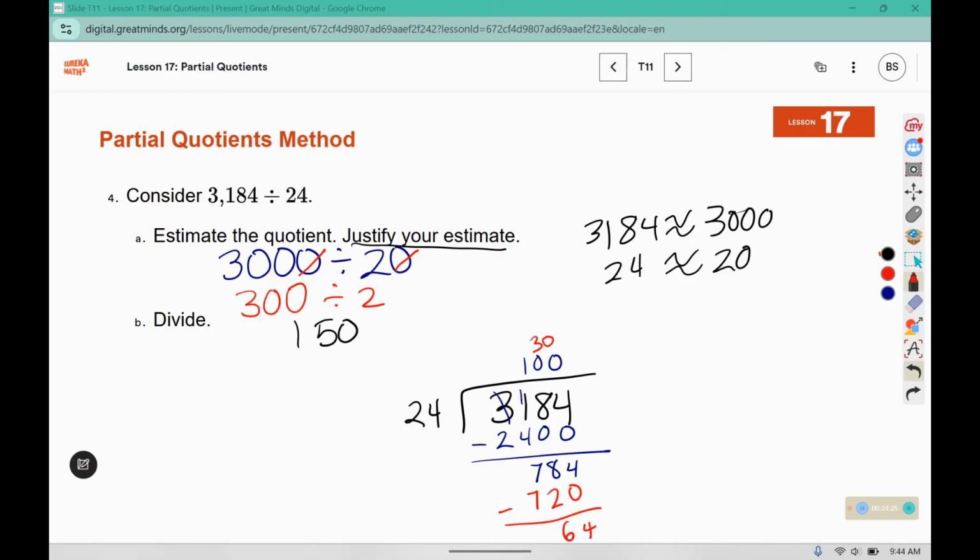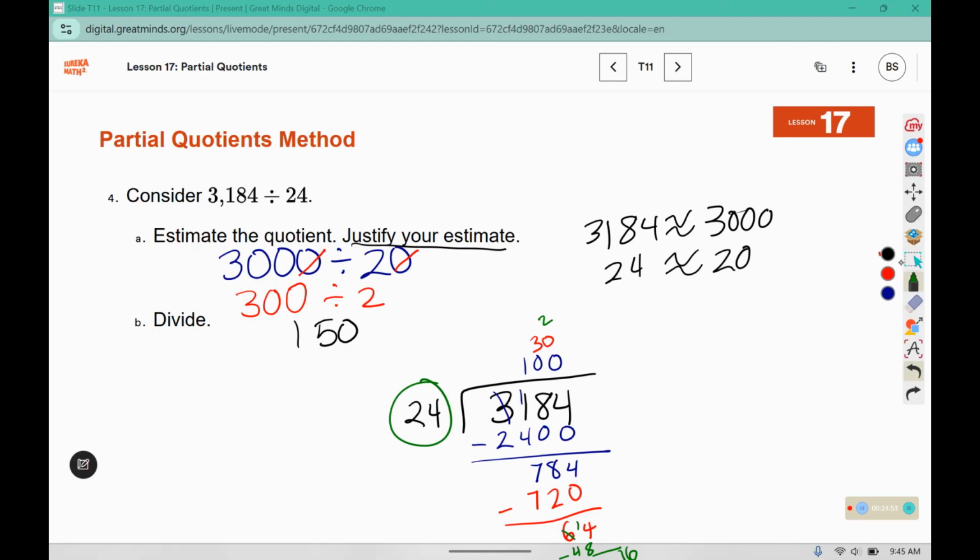Okay, 24, 48, that's 2 of them. Regroup. 14 minus 8 is 6. And 5 minus 4 is 1. But that's not going to fit in an entire time.